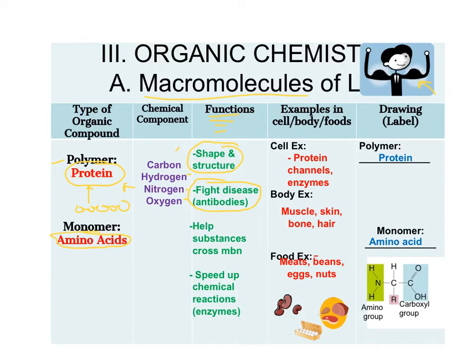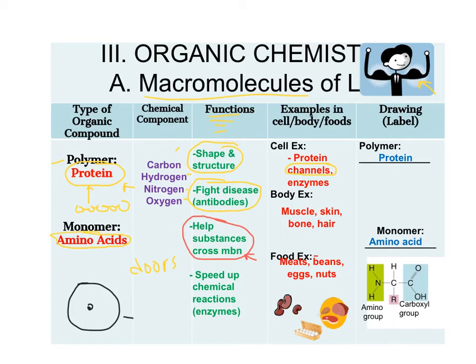Now I'm going to put this one in red because we're going to need to know this one, especially in our next unit. They help substances cross the cell membrane. Proteins can act as channels or kind of like doors. So you have your cell membrane which surrounds your whole cell, and then you have the nucleus in there.